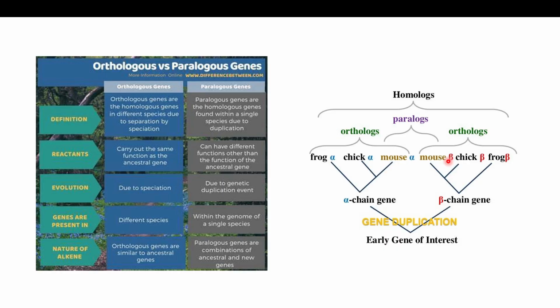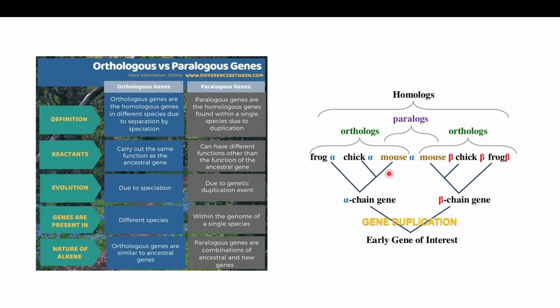But mouse alpha and mouse beta, what actually happened is this might have been the very early ancestral gene of interest that we are talking about, and then it duplicated and bifurcated into the alpha chain gene and the beta chain gene.